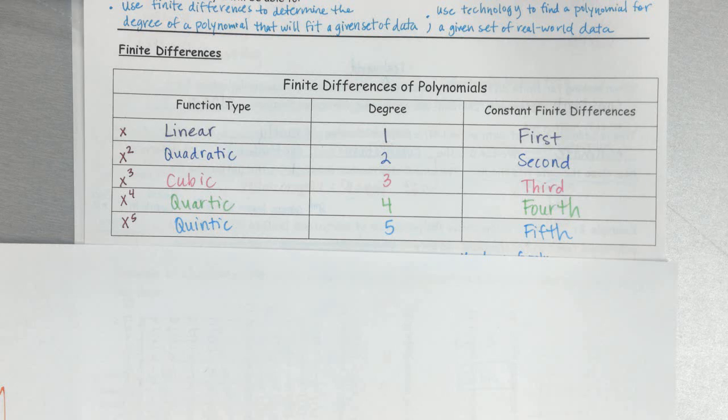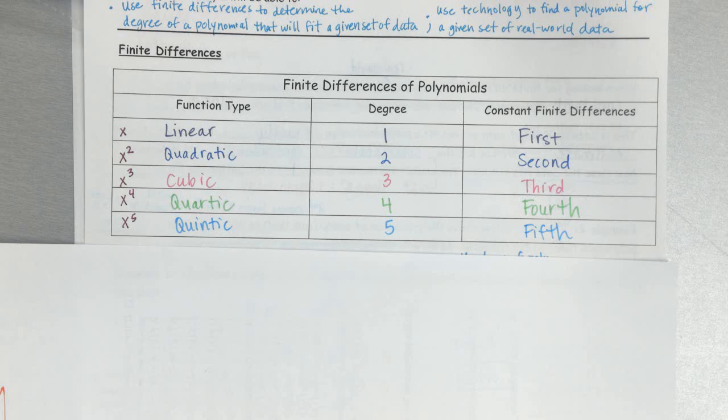And then the fifth differences would be quintic. So I also put just what type of model you would have there. If it's linear, your equation would have x as your highest exponent, and then you have x squared for quadratic, x cubed for cubic, x to the fourth for quartic, and x to the fifth for quintic.